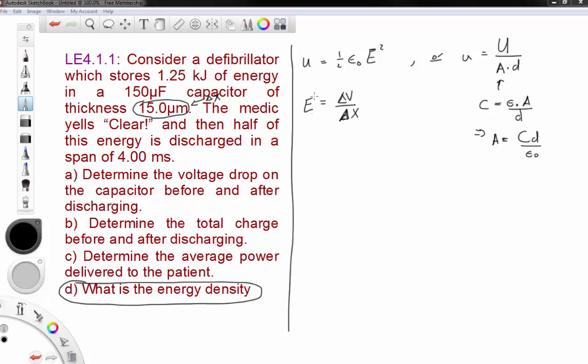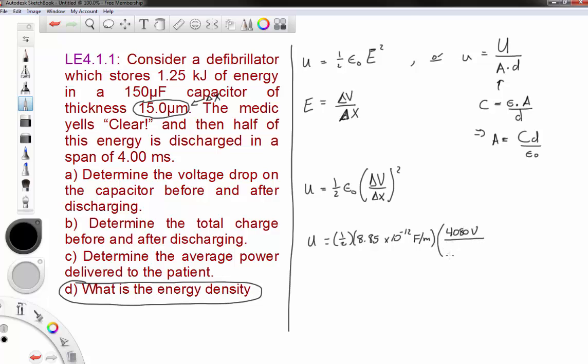Basically, this method now says that U is 1/2 times epsilon naught times delta V over delta X, quantity squared. And so U is equal to 1/2 times 8.85 times 10 to the minus 12 farads per meter, times the change in voltage, which we found previously to be 4080 volts for the initial condition, and we'll just do it for the initial condition.